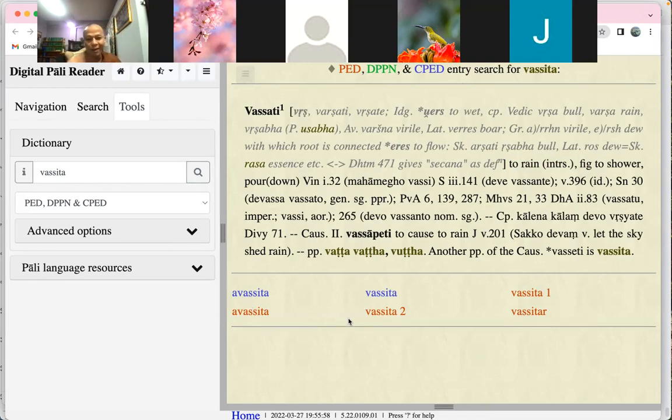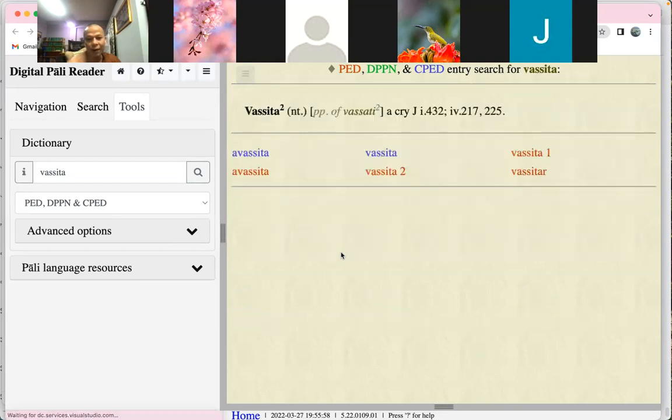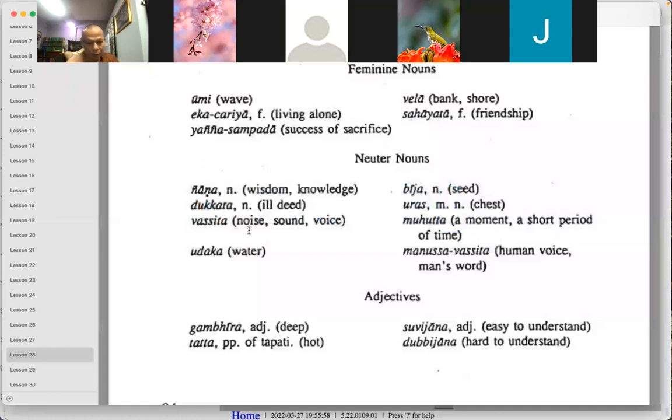So later vassita is used as a noun, a crying, a noise, shouting. But originally it is a past participle. So noise or sound or voice, and crying also.